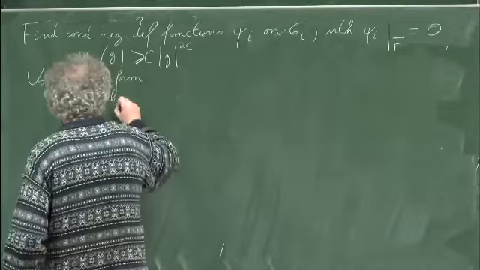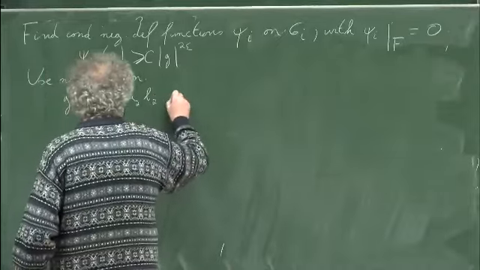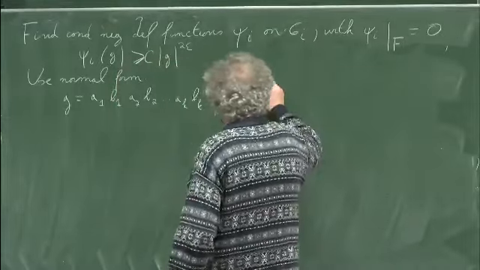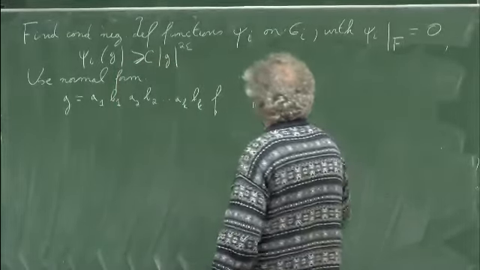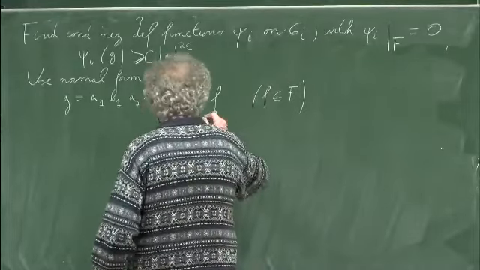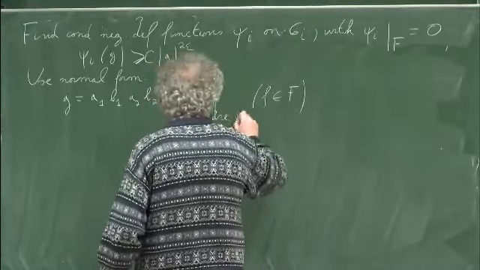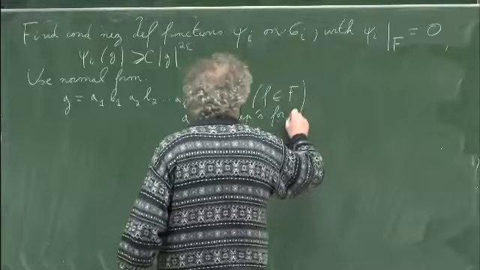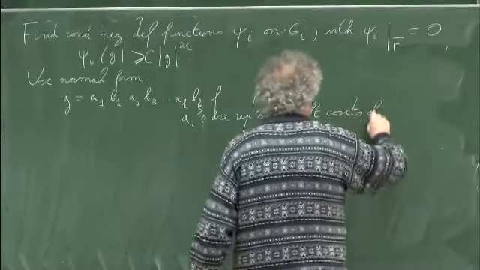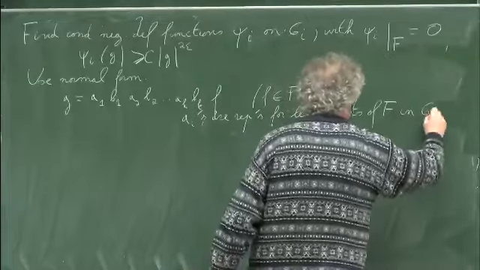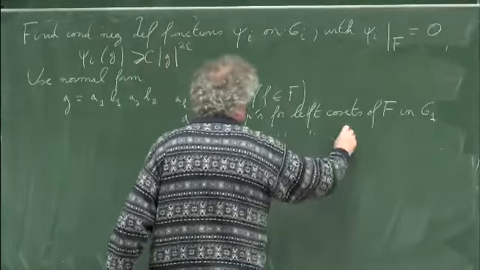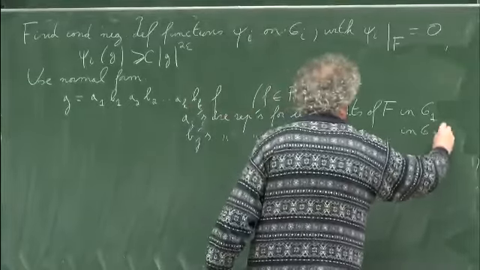It's A1, B1, A2, B2, ..., AK, BK, then F, where F is an element of the finite subgroup that we amalgamate, and the AIs are representatives for left cosets of the subgroup F in G1, and the BJs are representatives for left cosets of F in G2.